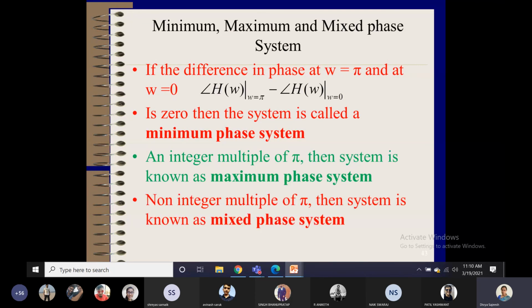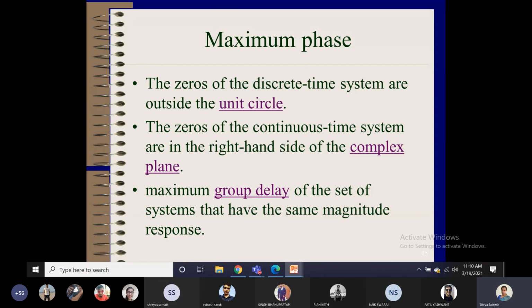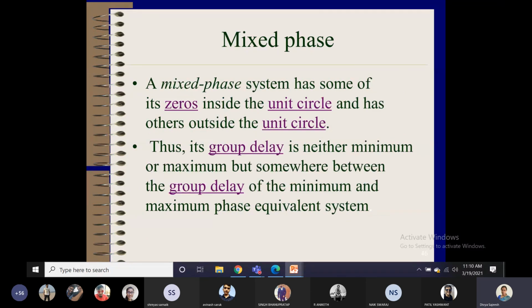If it is a non-integer multiple of pi, it is a mixed phase system. Another way: if all the zeros lie inside the unit circle, it is a minimum phase system. If they lie outside the unit circle, it is a maximum phase system. And if some are inside and some are outside, then it is a mixed phase system. So these are the various categories of systems in terms of the delay caused by the system.